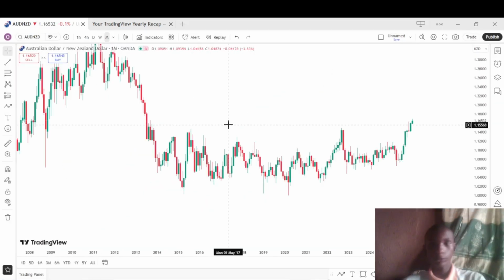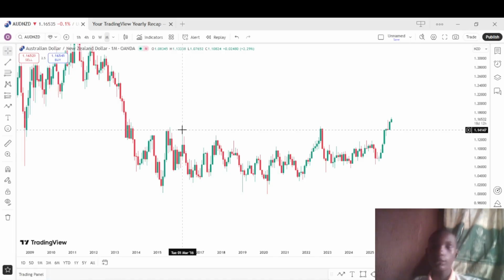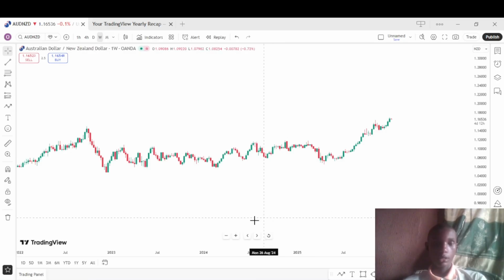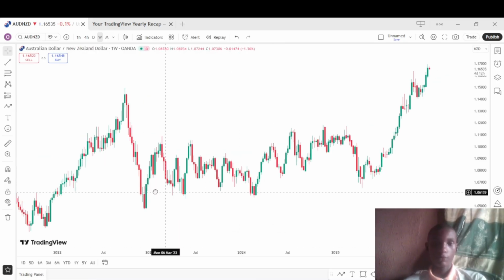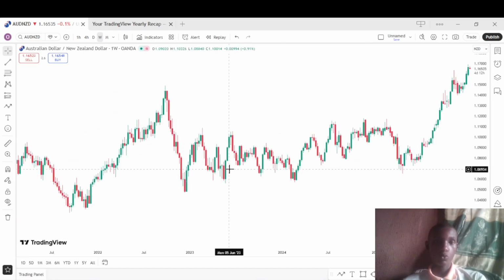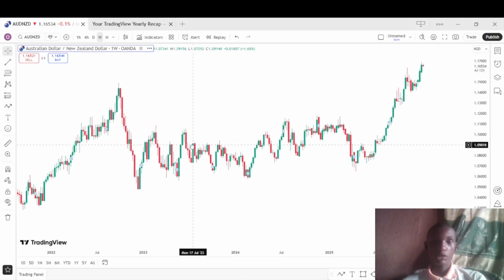Since we didn't find a candlestick pattern on the monthly, let's scale down to the weekly. Okay, yes guys, this is the weekly time frame. This weekly time frame is very core. This is where you do the majority of your analysis.